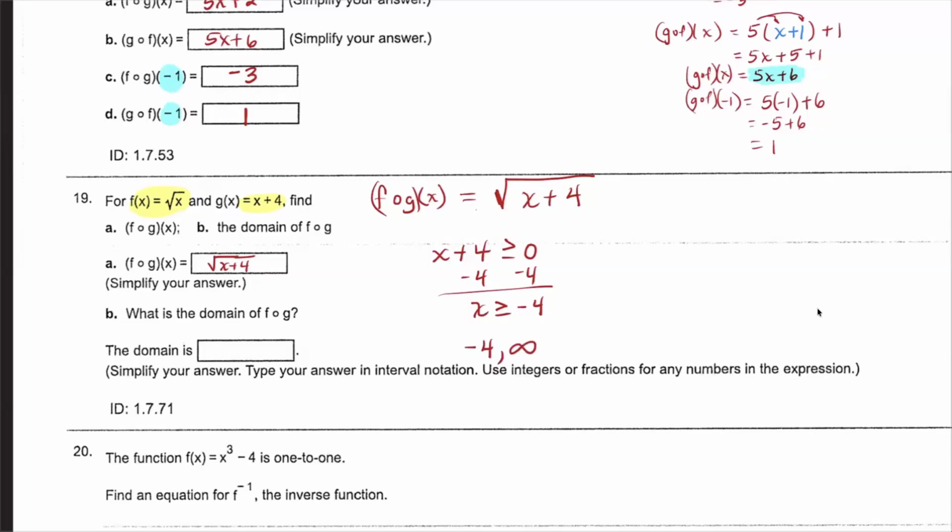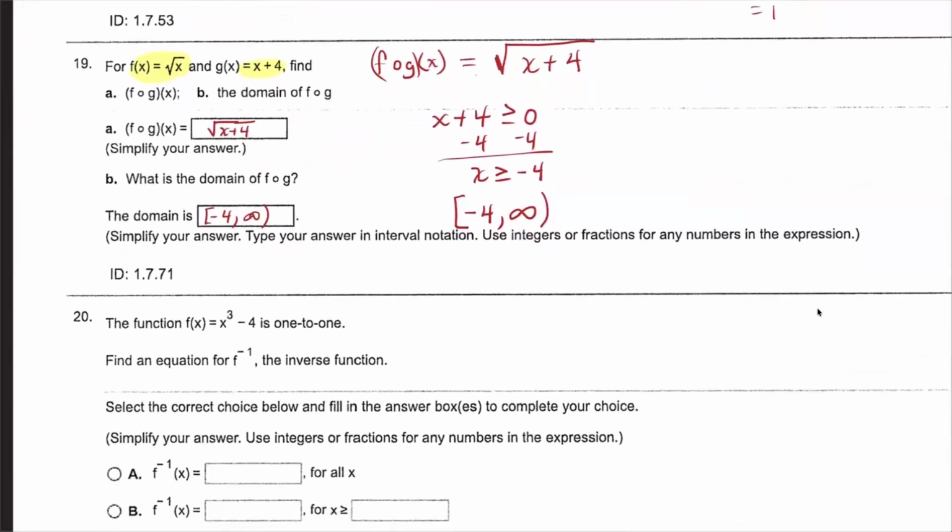But because it says greater than or equal to, it will be a bracket on negative 4 and a parenthesis on infinity. So that would be the domain from negative 4 to infinity. And what that means is you can put any value in this interval into that function and get out either a positive number or a 0.